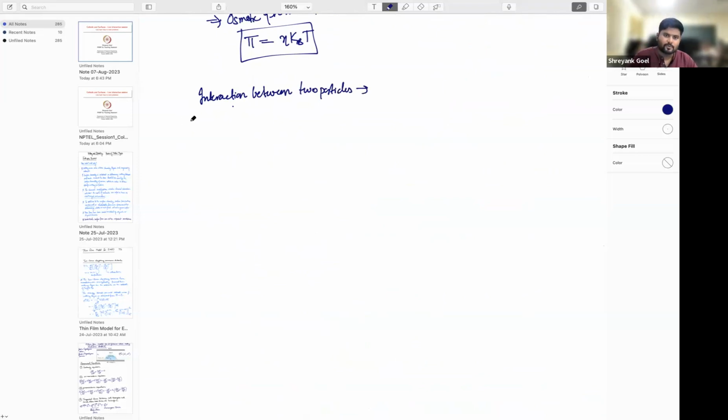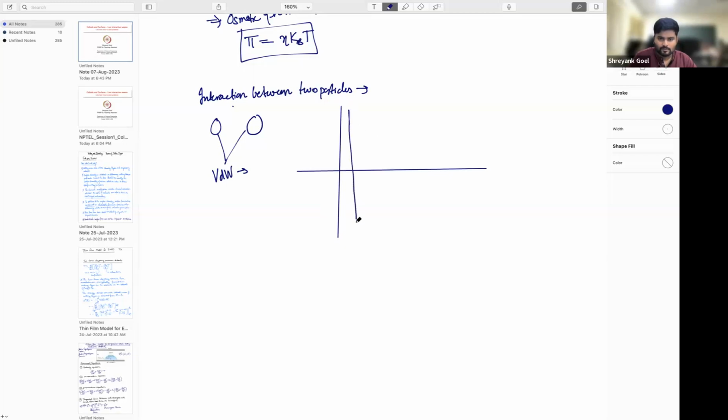The interaction between two particles includes, when you have two particles, we will see these interactions in detail next week. Mostly, when two particles are interacting, they interact by what we call the VDW force, that is the van der Waals force, and it is mainly an attractive force. When you see, this is the very popular curve.